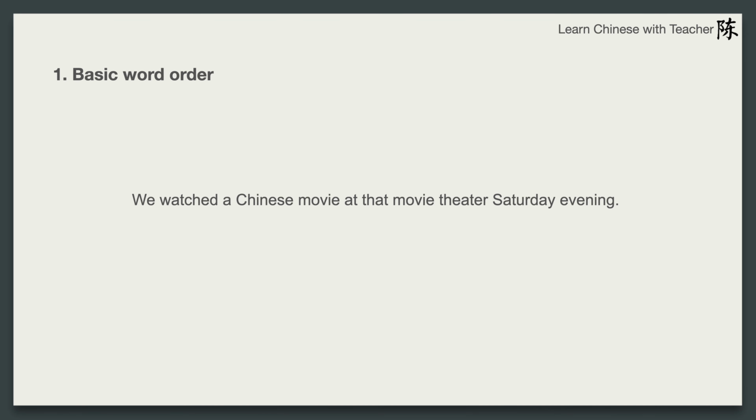Now, let's look at another example. The English sentence is, we watched a Chinese movie at that movie theater Saturday evening. The same, the English sentence word order is who, what, where, when.